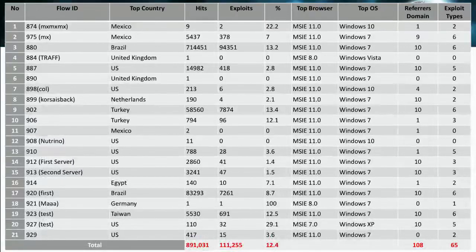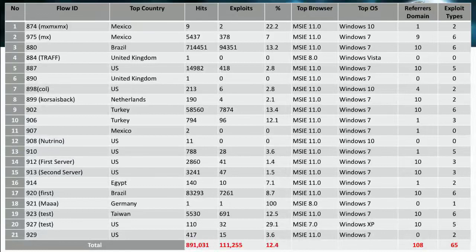And the other columns are the top browser targeted by the attackers and the top operating system. And these are the count of the referral domains used by the attacker, and the count of the type of exploit. So there are many different browser exploits. And in total, for the 21 users, we found almost 900,000 IP addresses of victims that accessed the attack infrastructure of the RIG4 Exploit Kit.